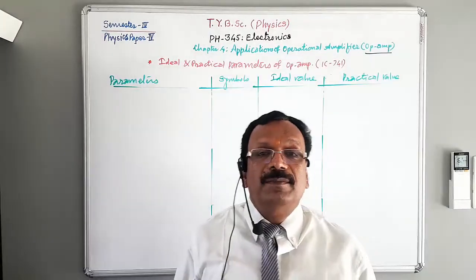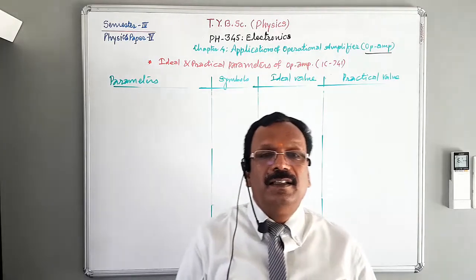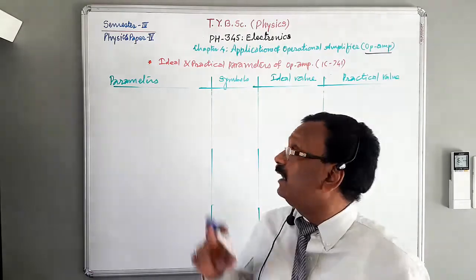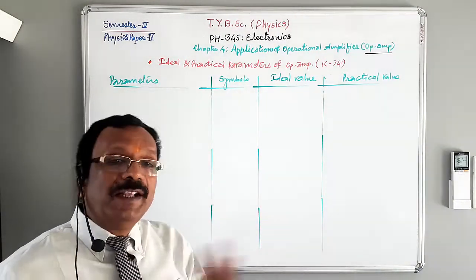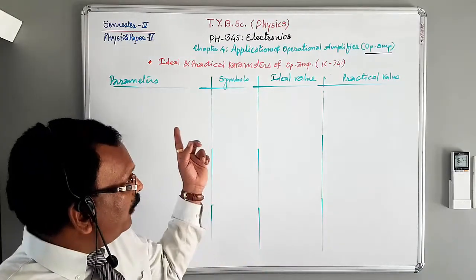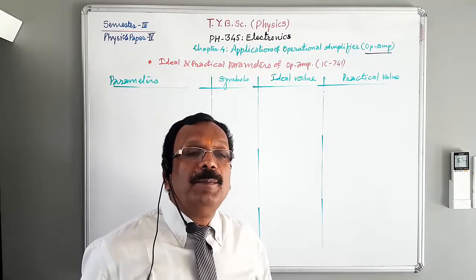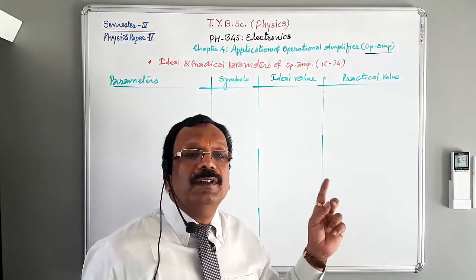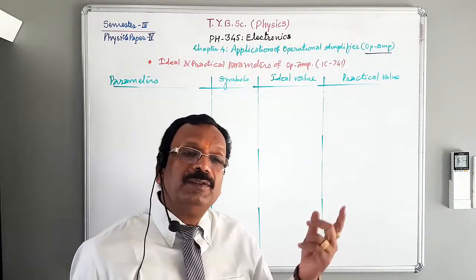Sometimes it is better to study the ideal parameters or characteristics of an OpAmp, that is IC 741, along with the practical values and vice versa. So here we are going to see the comparison between the ideal and practical parameters of IC 741 OpAmp.